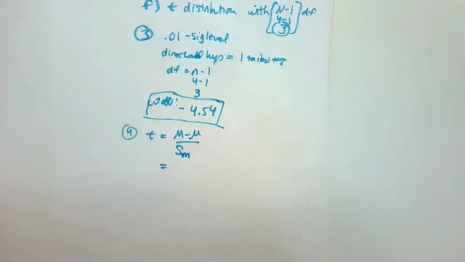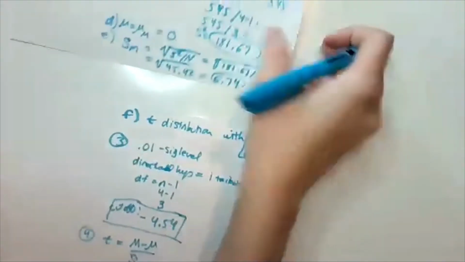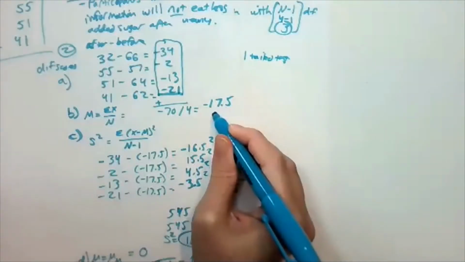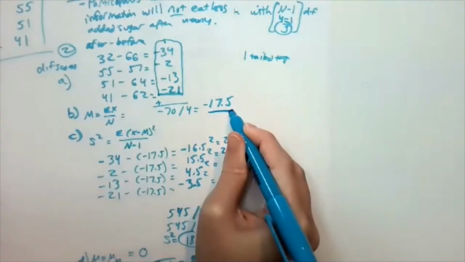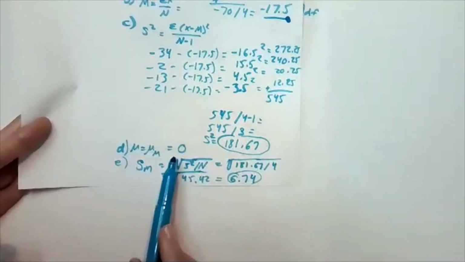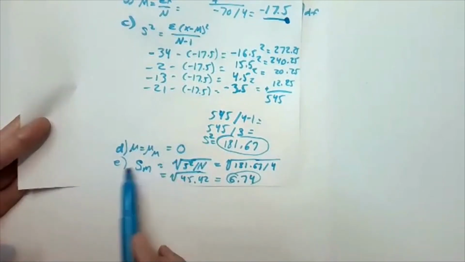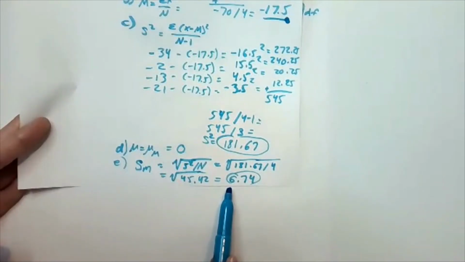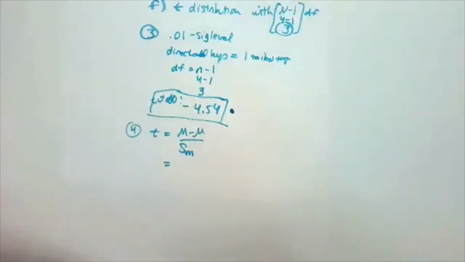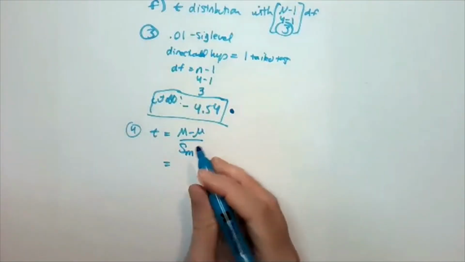Our mean and our standard deviation of our comparison distribution, we've already calculated here. We said that the mean of our difference scores is going to be negative 17.5. I already said that our comparison distribution mean is going to be 0, and we found the standard deviation of our comparison distribution. So I'm just going to plug these numbers right into this formula.